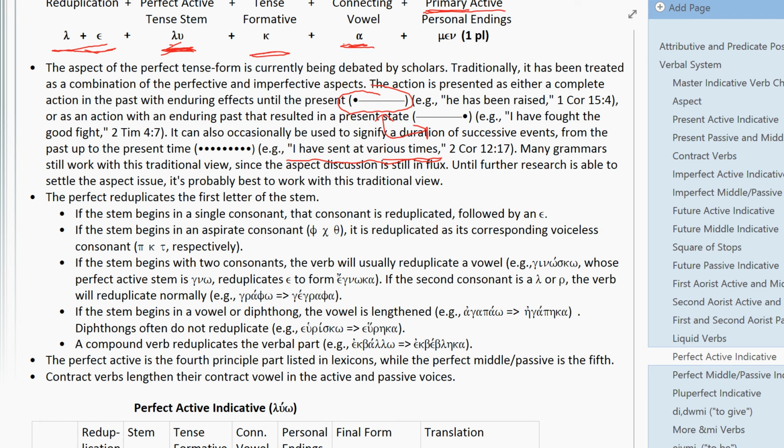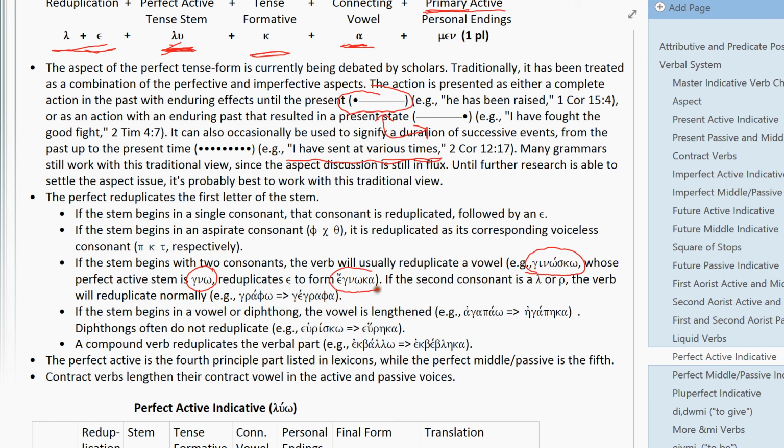So now we're talking about the perfect stem, not the present tense stem. Right here you have ginosko, which means I know. That's the present tense form. The present active stem is gno, like this. Notice how it's got two consonants, gamma and nu, standing together. So in order to reduplicate that, it's simply going to reduplicate an epsilon out of the front.